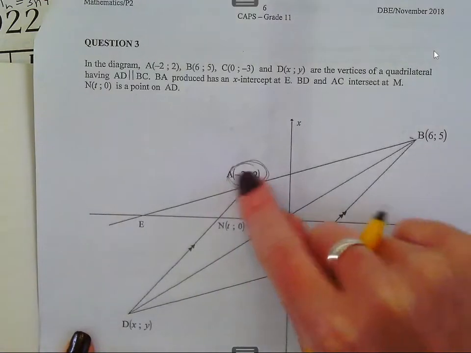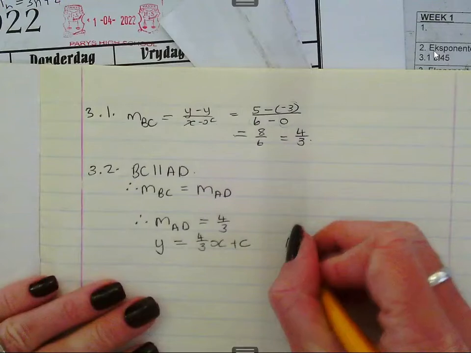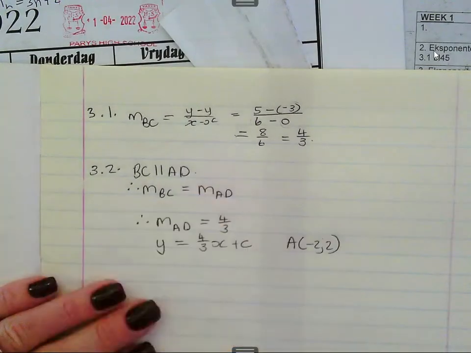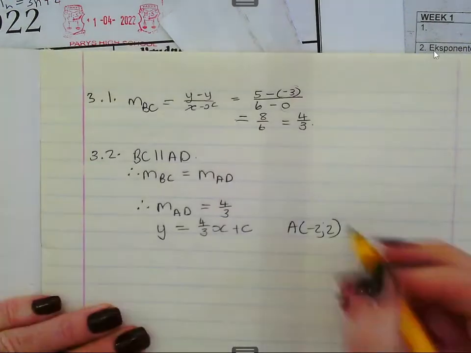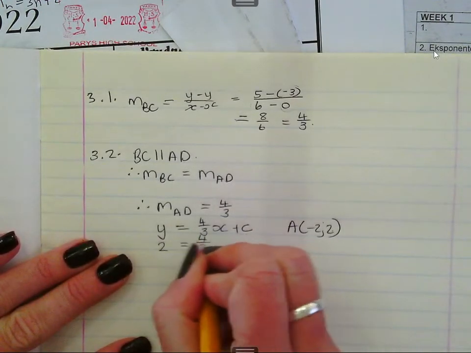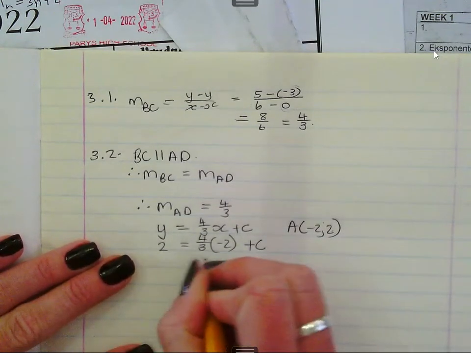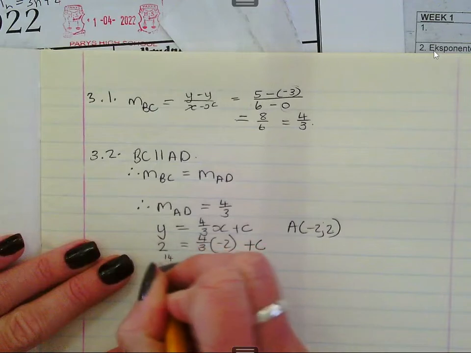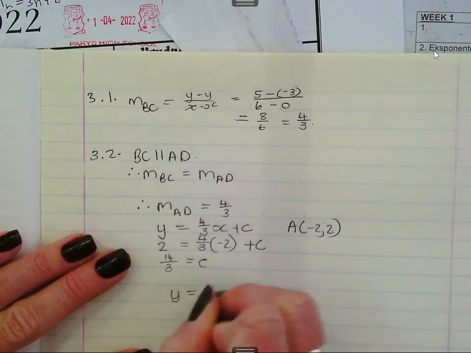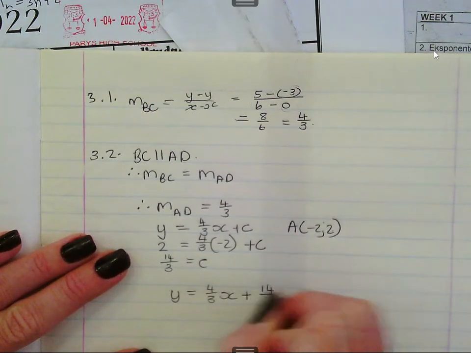I have a coordinate for A. So I can take A, which is (-2, 2), and substitute it into x and y. So y is 2, x is -2, plus c. And then you find c to be 14 over 3. So your equation is y equals 4 over 3 x plus 14 over 3.